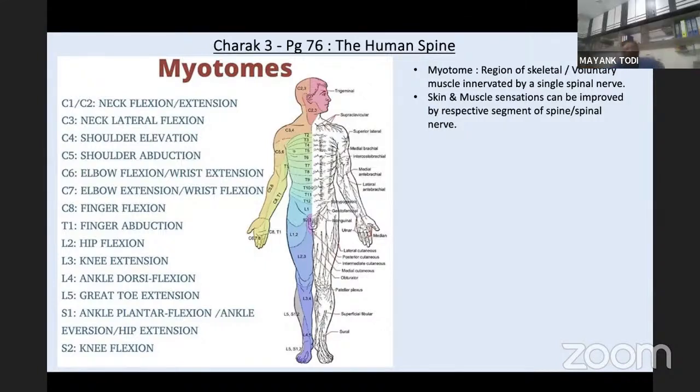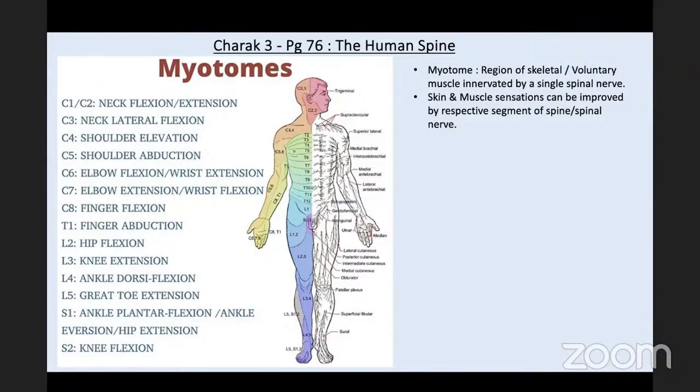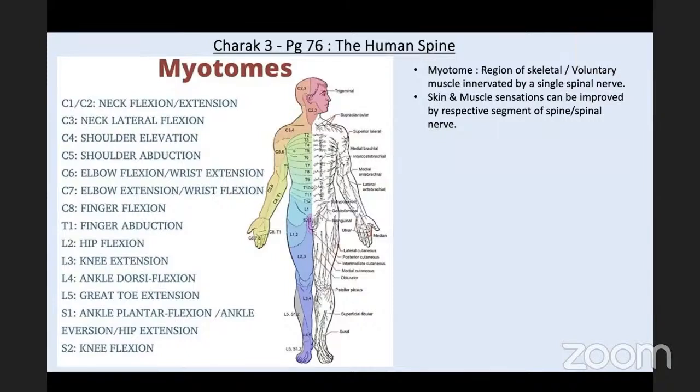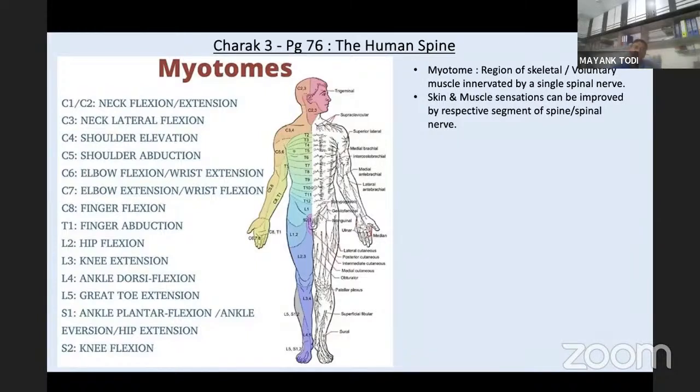Yes, sir. So when do we use this? When you have any problem with the movements, when you have a problem with the muscles and the bones, we use this segregation or the chart. Okay, what is myotome? Voluntary, related to muscles and the skeletal system.